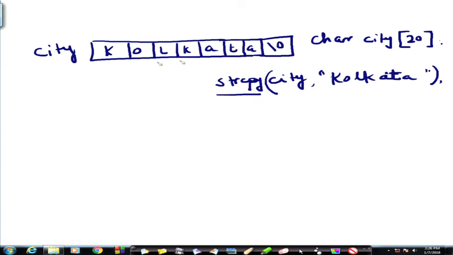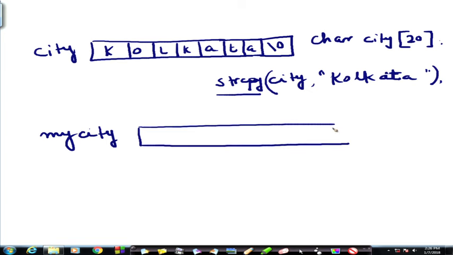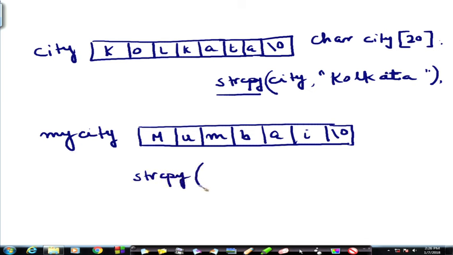On the other hand, suppose city is here, and suppose another string variable is there, which is maybe Mumbai, and I do strcpy city, my city. That means what will happen?